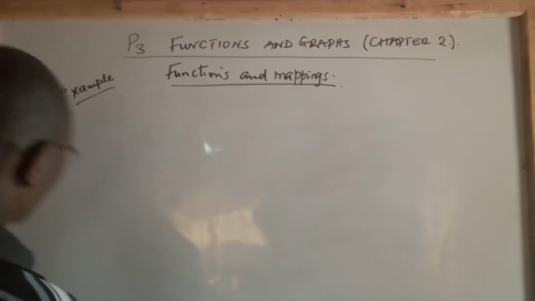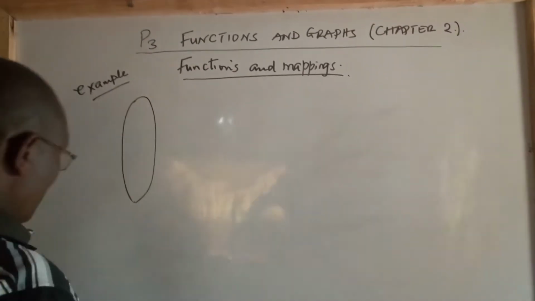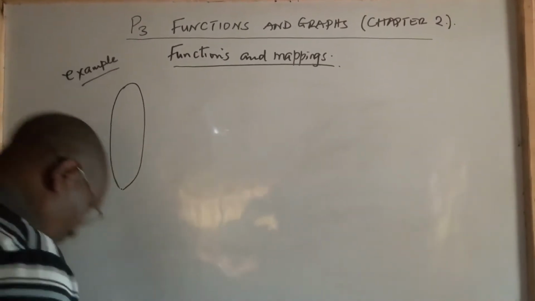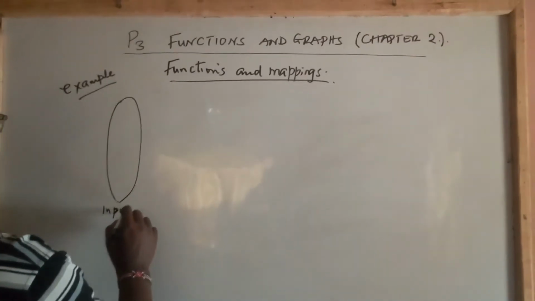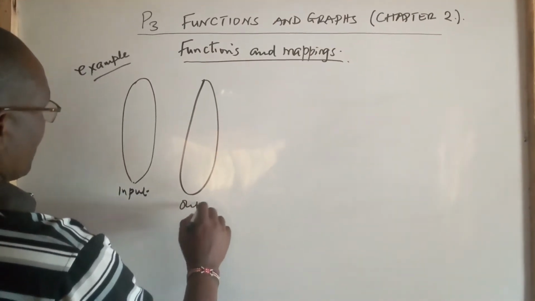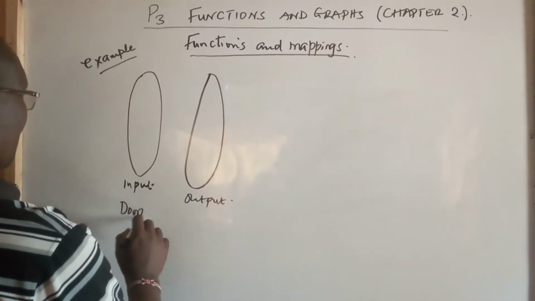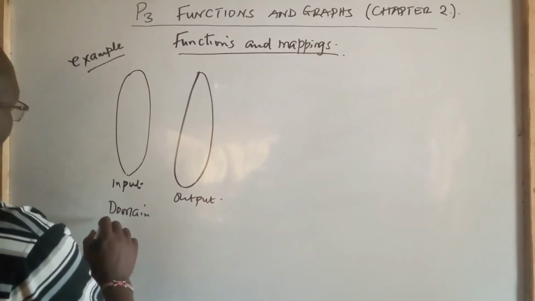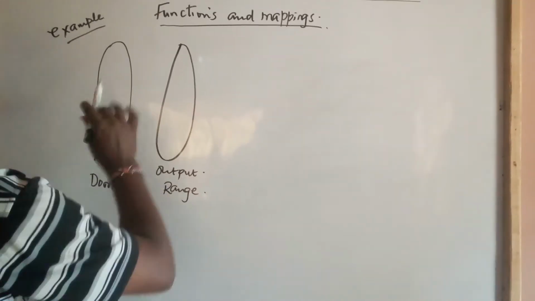I just want to explain what we mean by one-to-one. We may be having this is input, and there is an output there, or this could be the domain. The domain is the very original value of x, and the range is the solution after some operation.